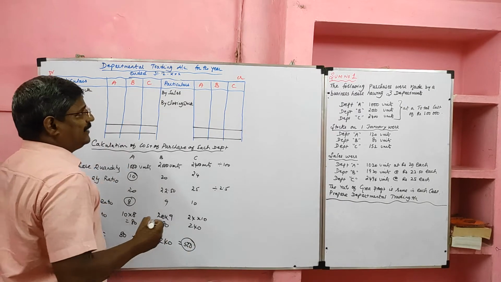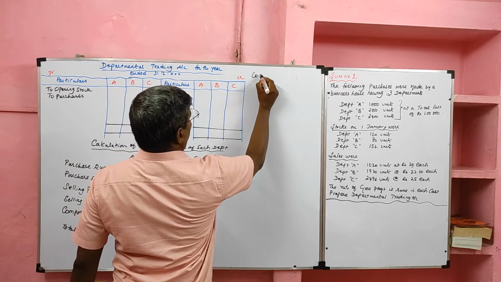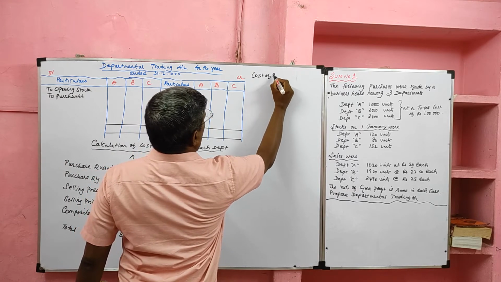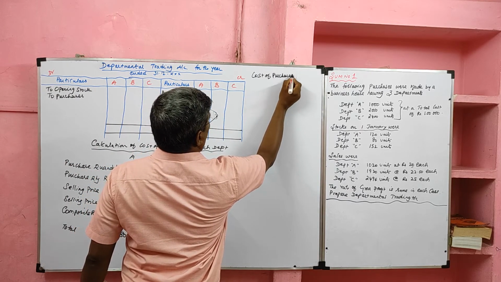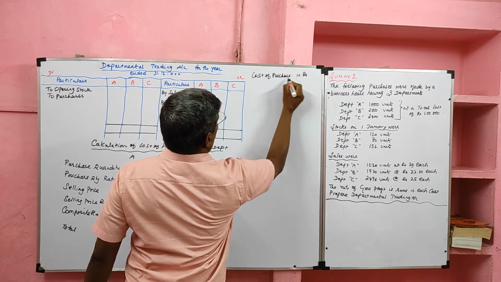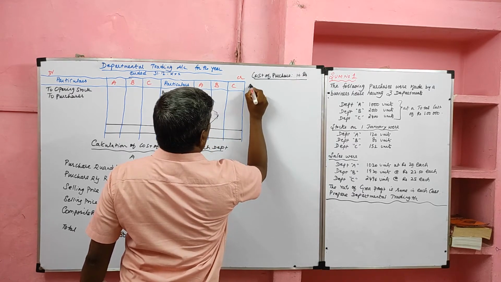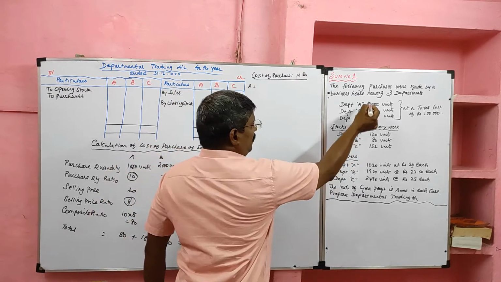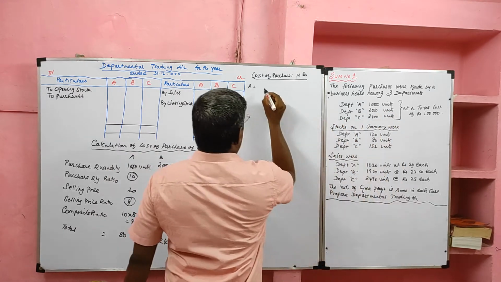Now I am going to calculate cost of purchase in rupees. Cost of purchase in rupees for department A. The total cost incurred, how much? 1 lakh.